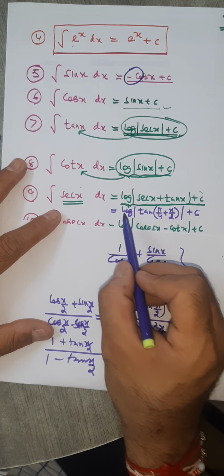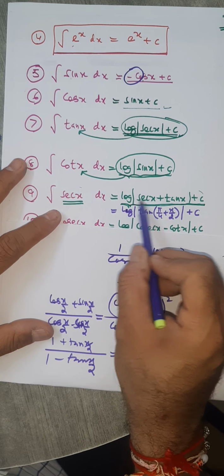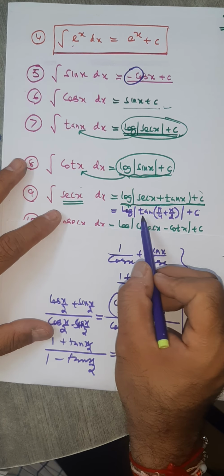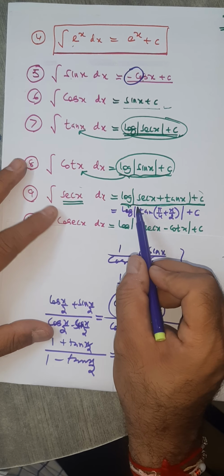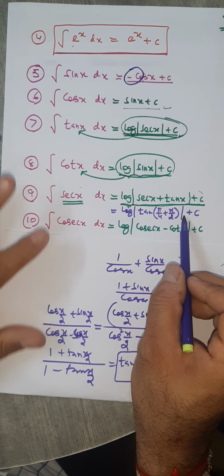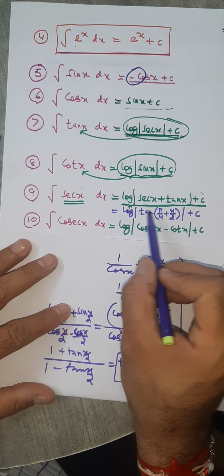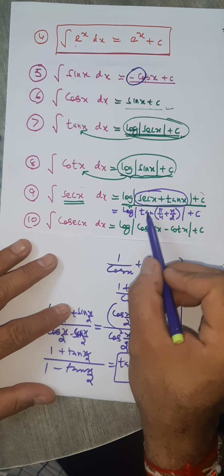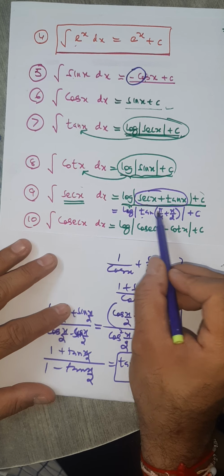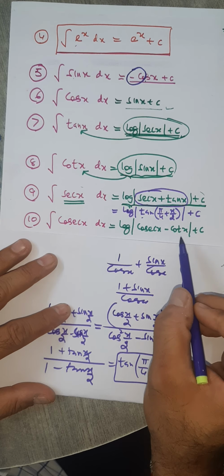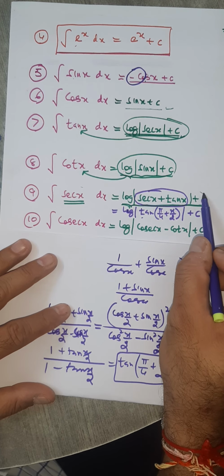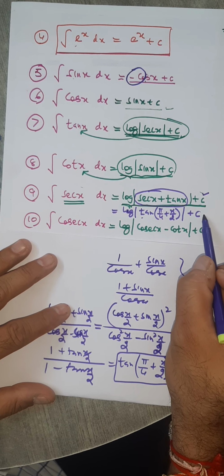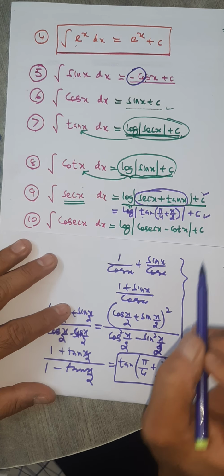Both are the standard formulas. You can use this or this. Sometimes in MCQ you may get the option using this formula, so you can use this. Remember, you know what I did? We did nothing. Just in place of this, using 11th trigo, we have reduced it to tan pi by 4 plus x by 2. Both are just the same, remember. You can use this formula as well as this formula, whichever you use, both are same.